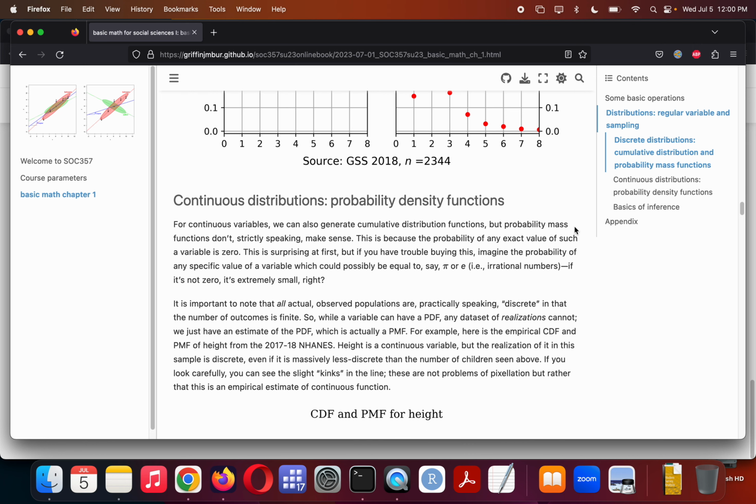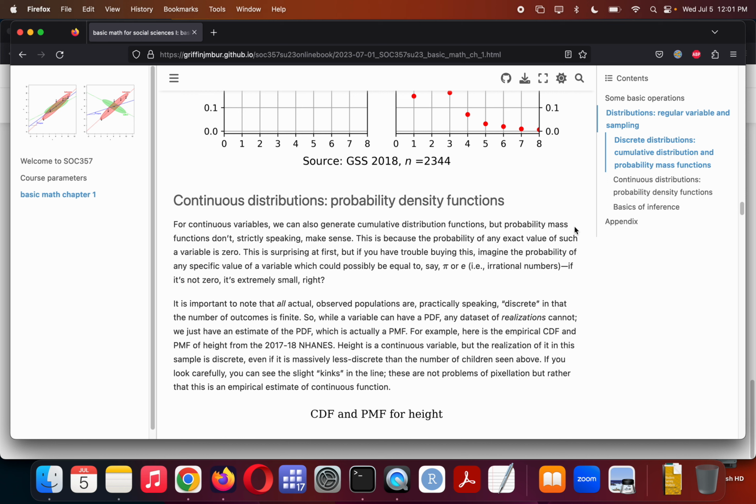So that means that probability mass functions don't make sense for continuous variables. I'll show you that in a second, but what I want you to note first is that, once again, in any actual sample, you always have discrete data. So you don't ever observe an infinite number of possible values.